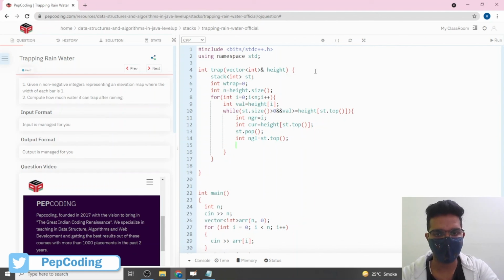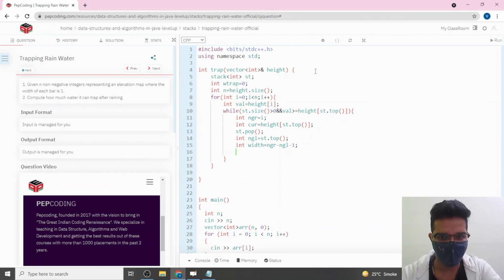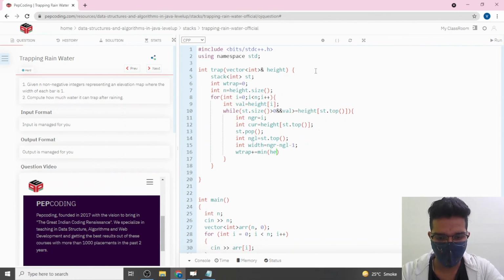Now let's calculate our width. To calculate width, there is nothing, just next greater right minus next greater left. We are talking about indexes here, right? Minus 1. So we calculate our width. Now we can simply calculate. So the formula was water trap plus equal to that. I'm going to add all the water I get. So minimum of height.